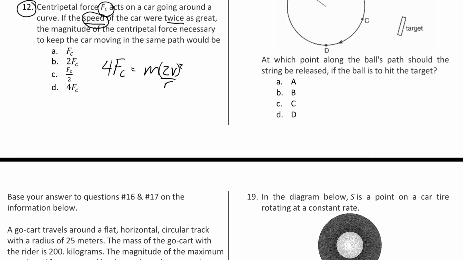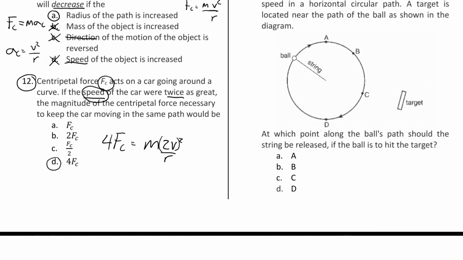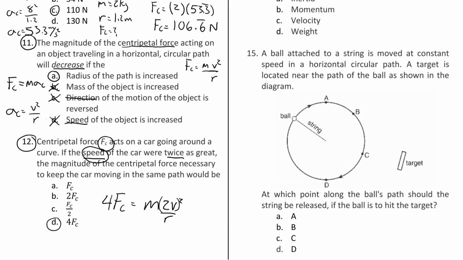If you double the velocity, it's going to be 2 squared, 4 times Fc. Choice D. If you're really stuck in a rut, you could try plugging in just random numbers and seeing what the relationship is yourself. But it is beneficial to really memorize these relationships: direct relationship, exponential, inverse, and knowing how to manipulate these quantities and seeing what the relationship looks like.